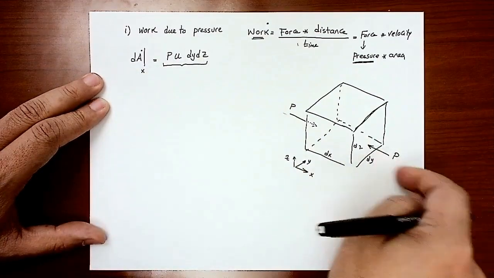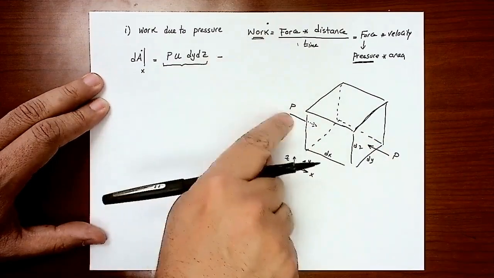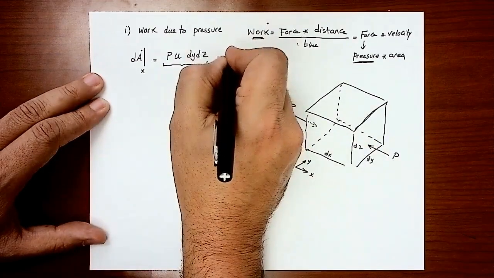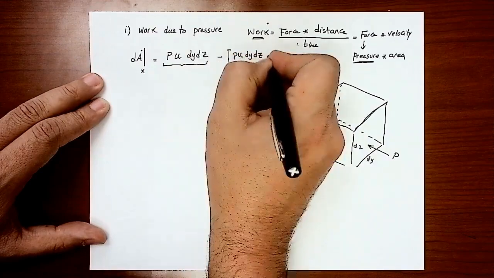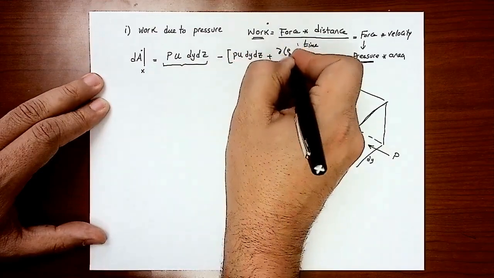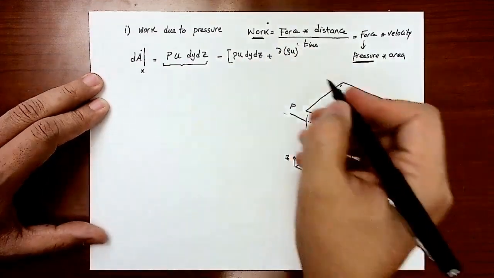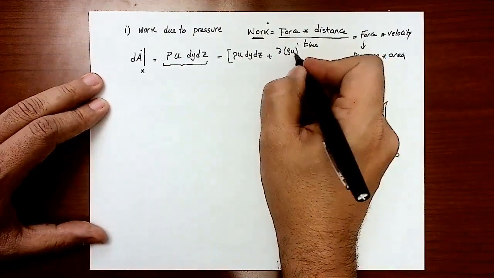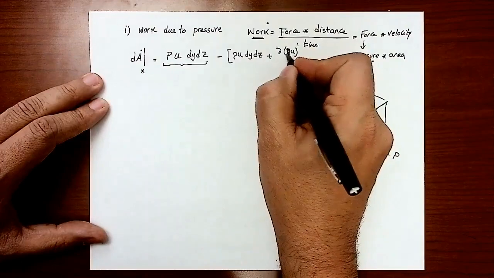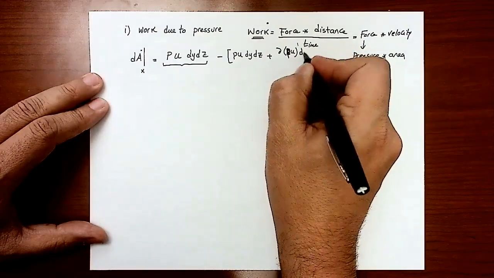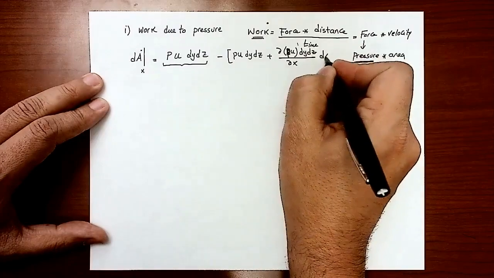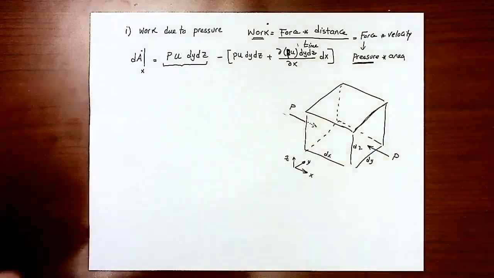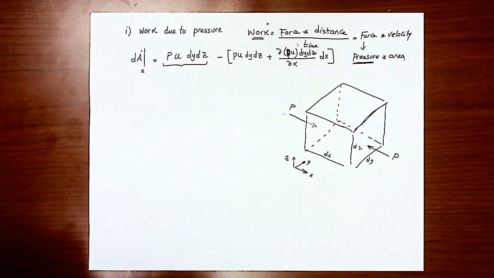If you're going to get the surface force on the other face, it will be the same as this plus the variation of that force: partial P u dy dz relative to x, times dx. Very similar to what we did with the mass flow rate and with the conduction heat transfer.